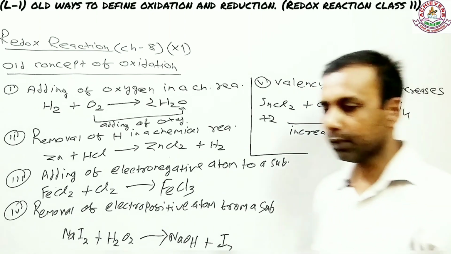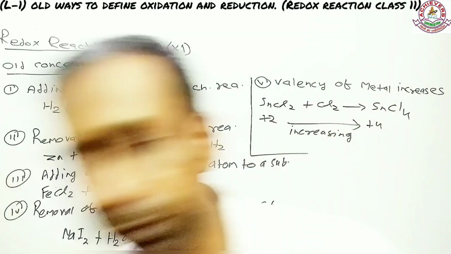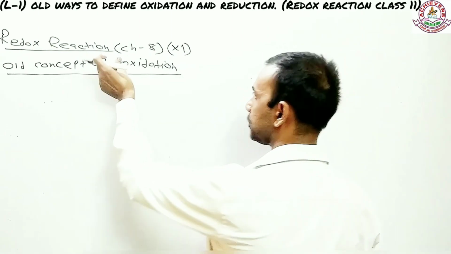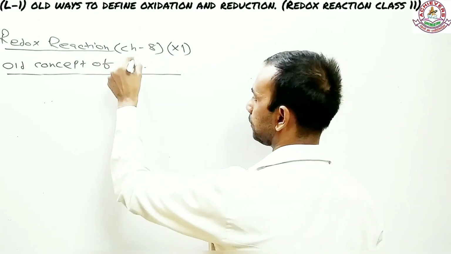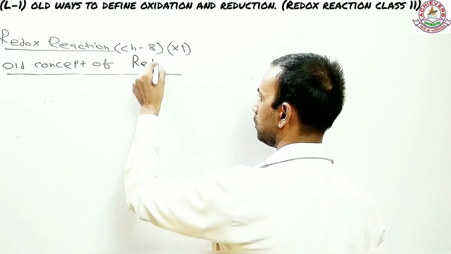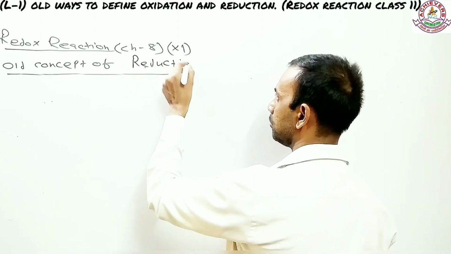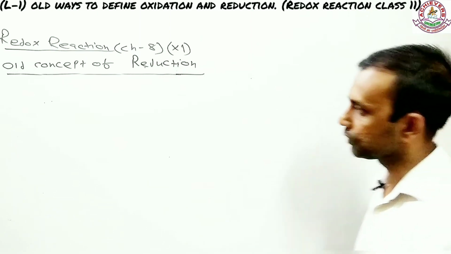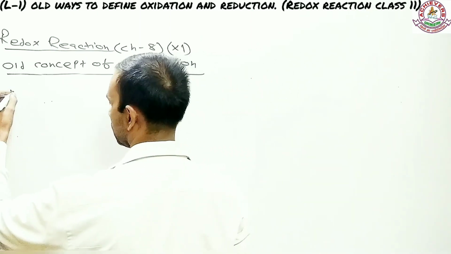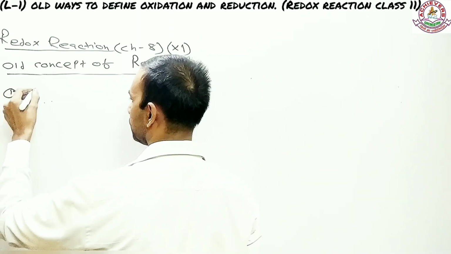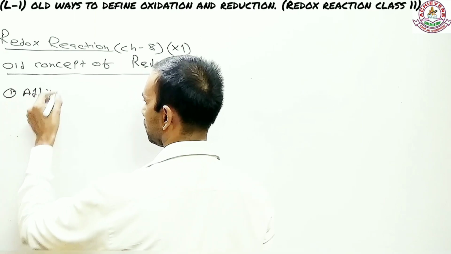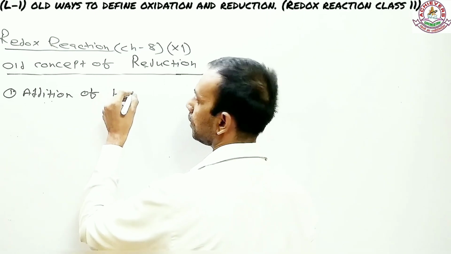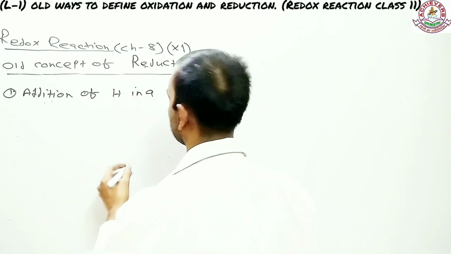So let's talk about the older concept of reduction reaction. The next thing I'm going to do, I'll be talking about the older concept of reduction, right? So what is this older concept of reduction? The first one, addition of hydrogen to a substance.